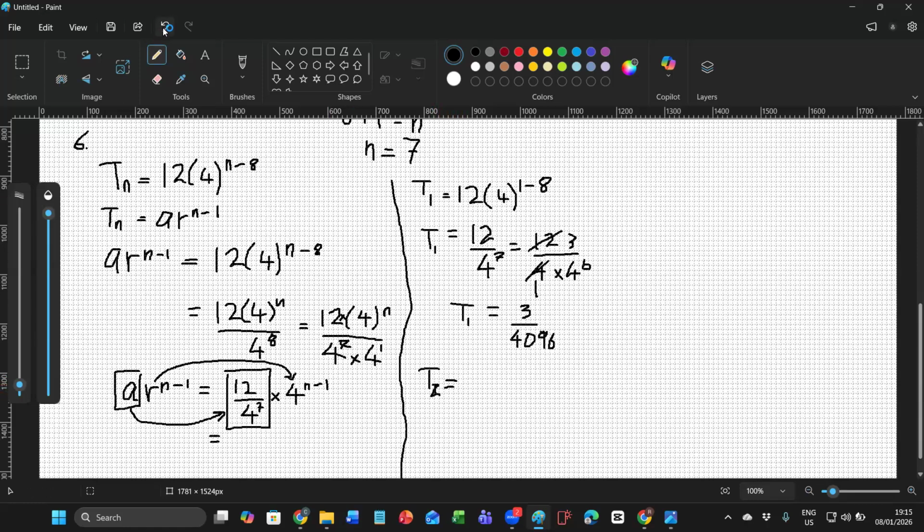Let me write that better. So T2, based on what we have here, will be equal to 12 over 4 raised to power 2 minus 8.